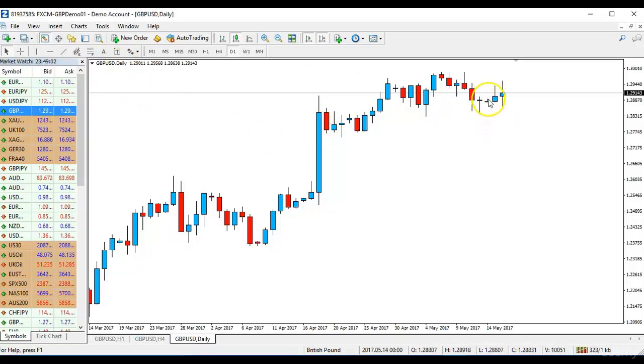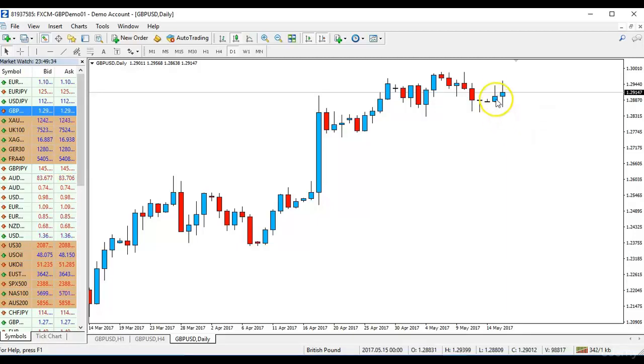Okay, so this candlestick here, if you just move the mouse here and touch the top of the candle where it closes, it will give you the open, which you can see was 1.2883, the high, which was 1.2939, the low, which was 1.2880, and the close, which was 1.2901.